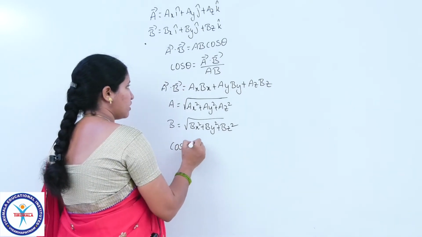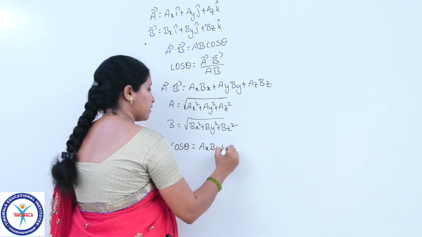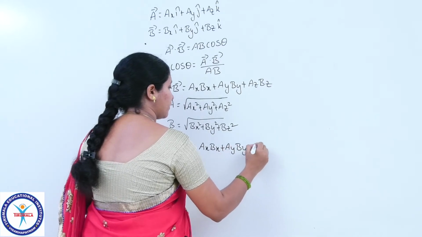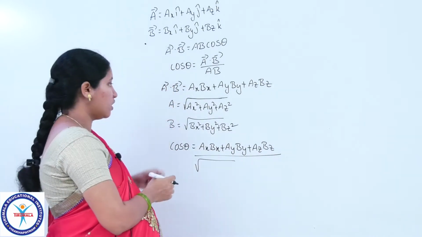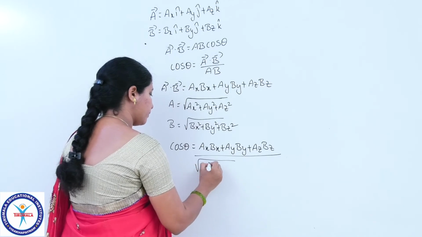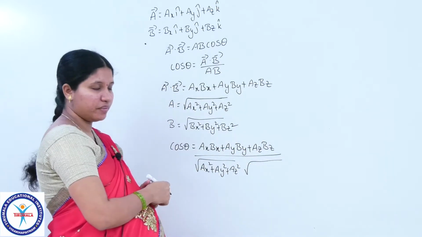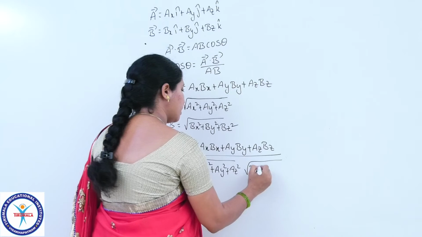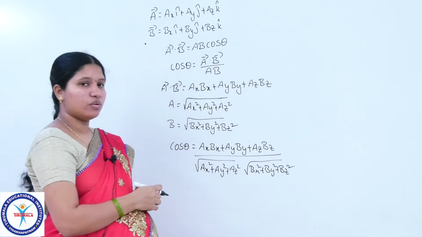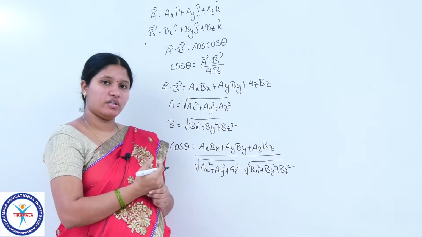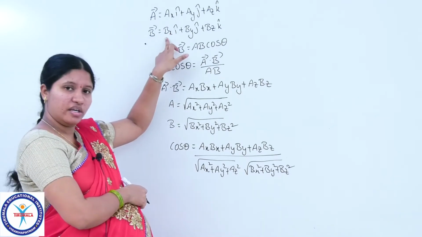We get cos theta is equal to Ax into Bx plus Ay into By plus Az into Bz divided by the magnitudes, the magnitude of A vector and magnitude of B bar vector. In this way we can find out the angle between two vectors by using dot product if we are given two vectors in such a form.